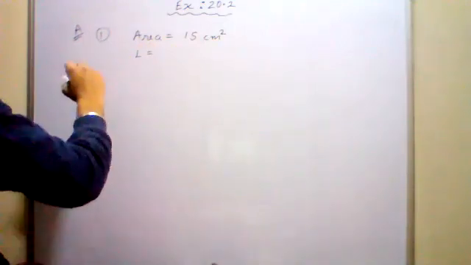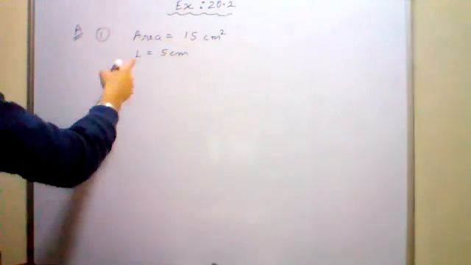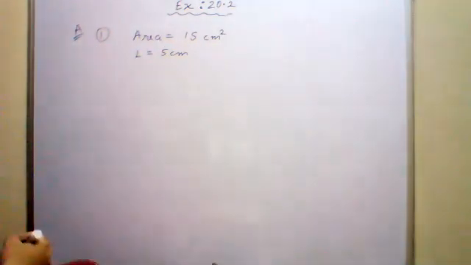Length of the rectangle is given 5 centimeters. Breadth is not given. So just look at this very carefully, everyone. Stop writing, all of you, and look at the board. Don't write. Just first listen how to do, and then I will give you time to write down.